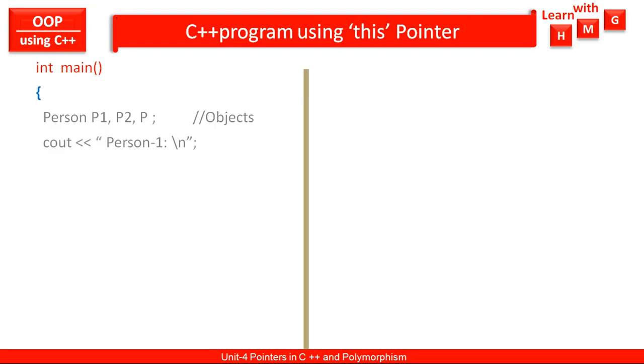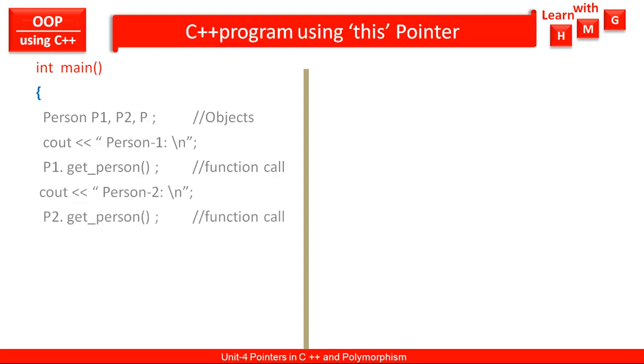Let us accept the data of person 1, that is p1.getPerson. This is the function call by the p1 object, so the name and age will be accepted for p1. Then the person 2 information is accepted by calling the getPerson function with the p2 object.